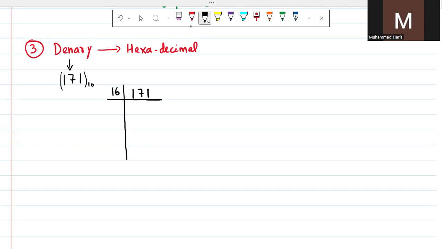Now what is going to happen? You are going to check 171 divided by 16, so it normally gives you 160. If I write 10 over here, that would be 160. So 171 minus 160 will give you the remainder of 11.